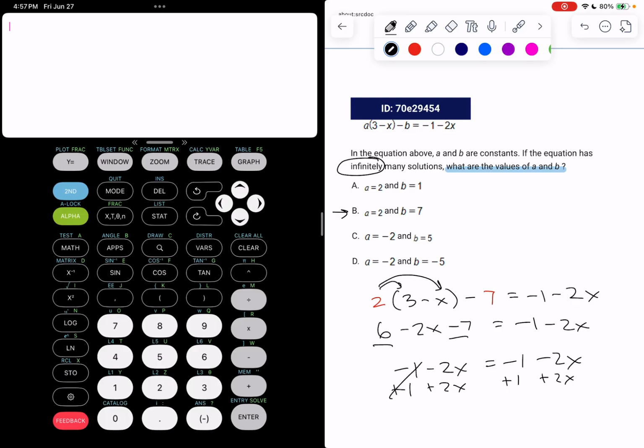This will cancel, and we'll get 0 equals 0. The question for you is, how many values of x cause 0 to equal 0? Well, literally any value of x will do that. So that means we have infinite solutions, and we found the right answer right there.